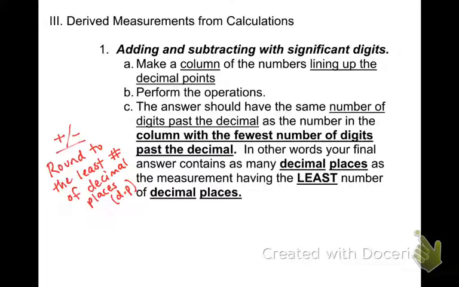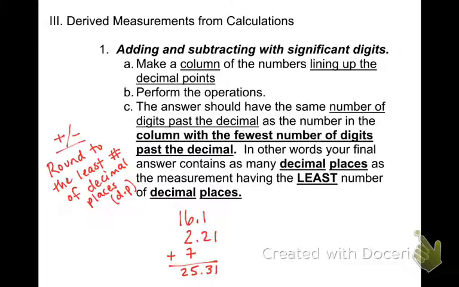So here's an example. Let's just say we're trying to perform the operation of 16.1 plus 2.21 plus 7. We add them all up. Hopefully you can do this one in your head. You get 25.31.